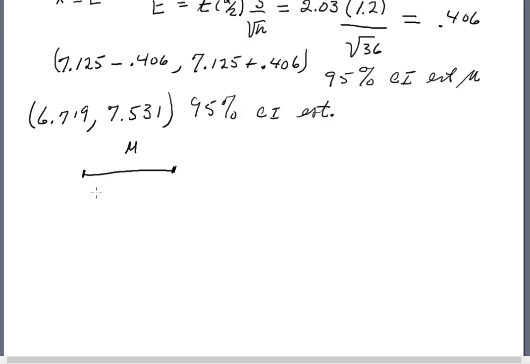Then I want you to do it again. Take another sample of size 36. This time you may get an interval that looks like this. Do it again. This time you may get an interval that looks like this. But if this is where mu lives, notice that in each of these cases, although we've got different intervals, we were correct in that mu was between the left-hand endpoint and the right-hand endpoint each of these times.